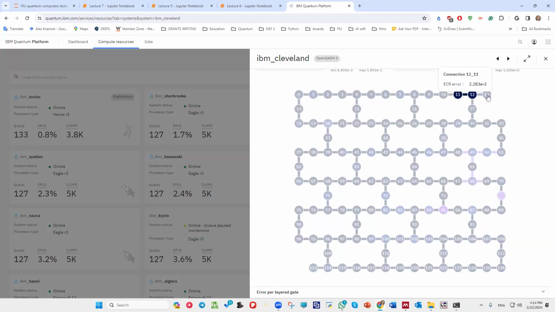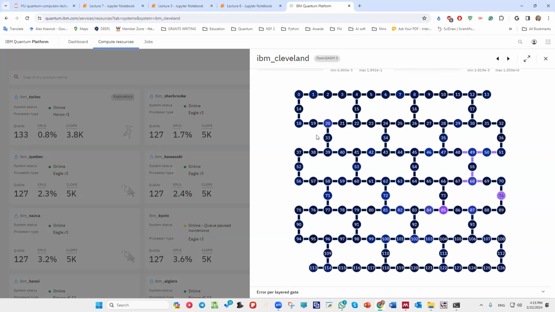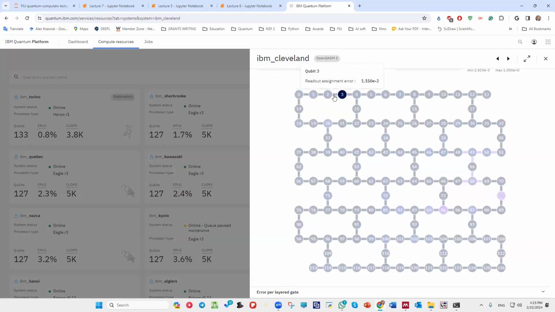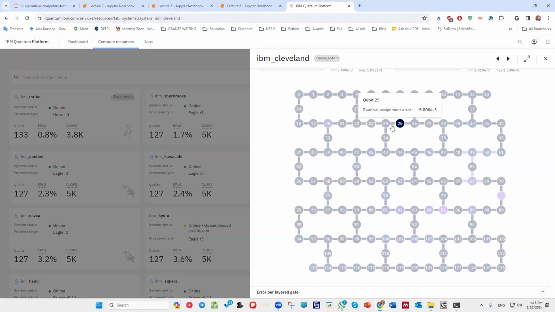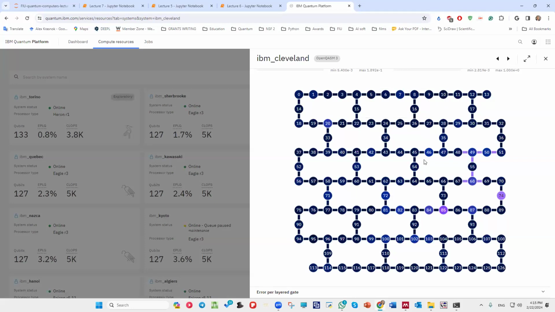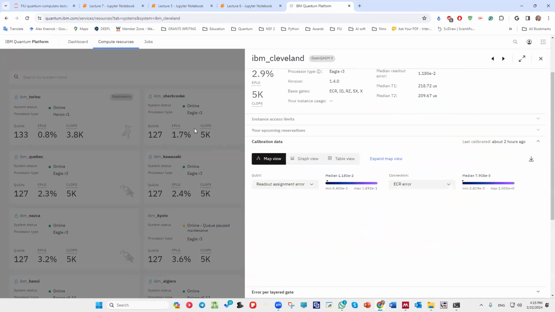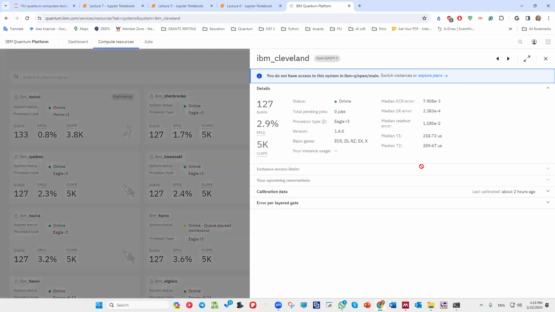structure, right? This map of the quantum processor. Each circle here represents a different qubit. The different qubits here are connected. Some of them have only 2 connections with neighboring qubits. Some of them have 3 connections. Anyway, this is the topology of this particular computer.